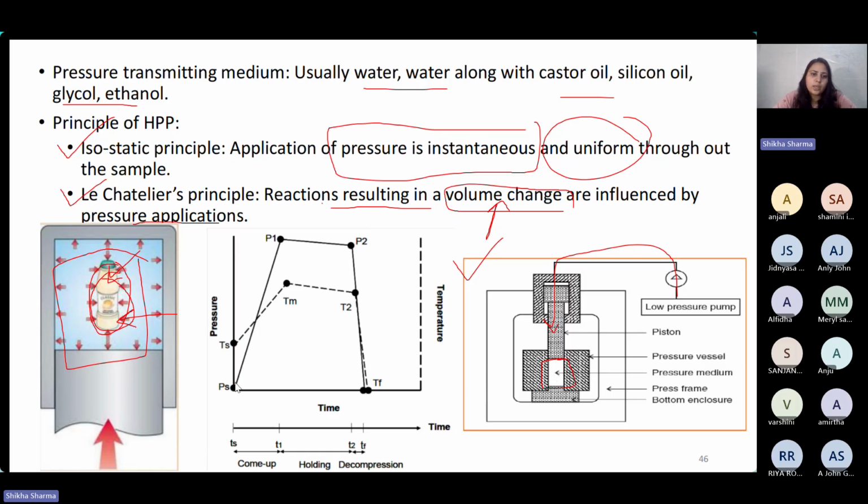Initially the pressure increases, we hold the pressure for some time, and then the pressure decreases. Because the pressure is increasing, some temperature will also increase and then decrease. So first we have the come-up time, then this is the holding, and this is the decompression cycle.